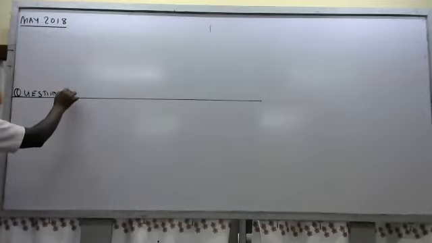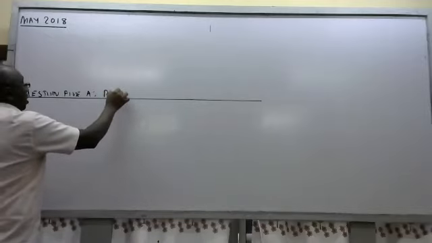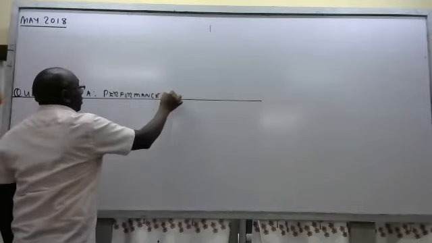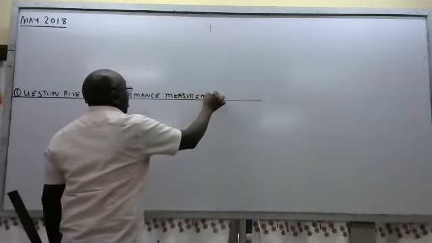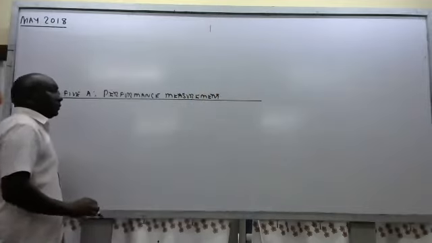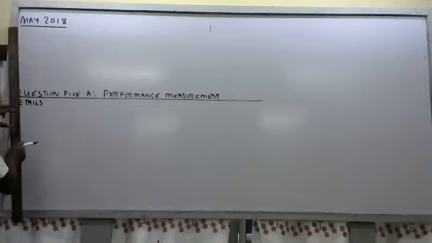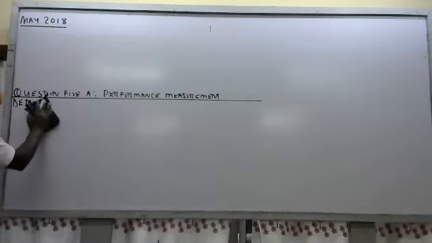Question 5A is on what we call performance measurements. So we can have details here, or we can just, let me call them straight on divisions.